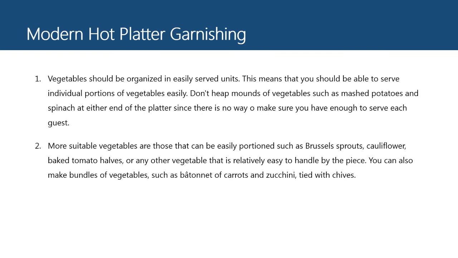Then, for example, we're going to use bundles of vegetables such as bâtonnet of carrots, zucchinis, tied with chives. So, maganda naka-portion na siya or naka-tali na siya individually portion. Para madali natin siyang ilagay sa plate.